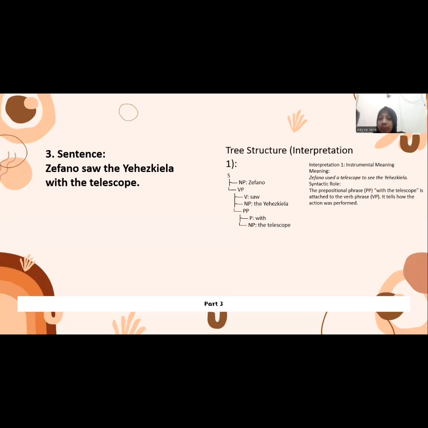This is called the modifying reading, where the PP with the telescope gives us descriptive information about the noun girl. In this interpretation, the telescope is associated with the girl, not Stefano. The PP is nested within the object noun phrase.